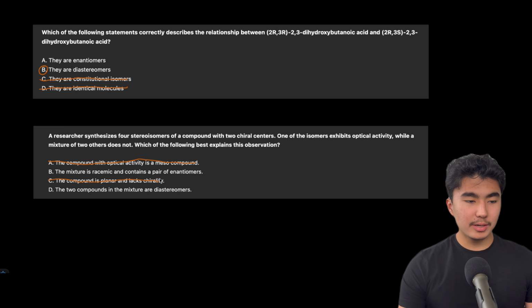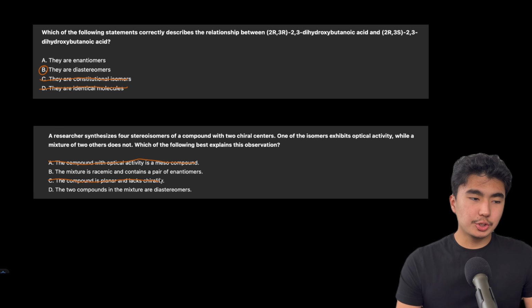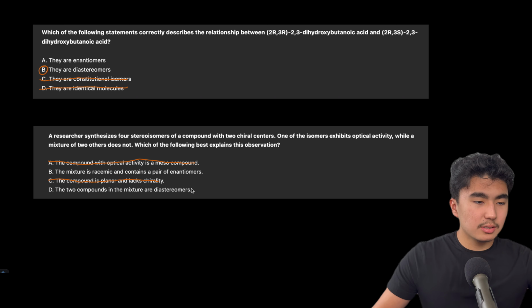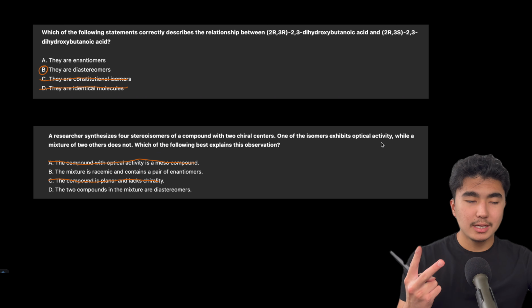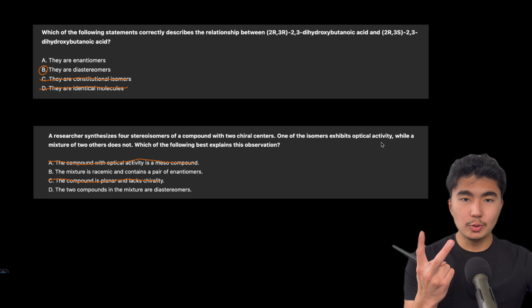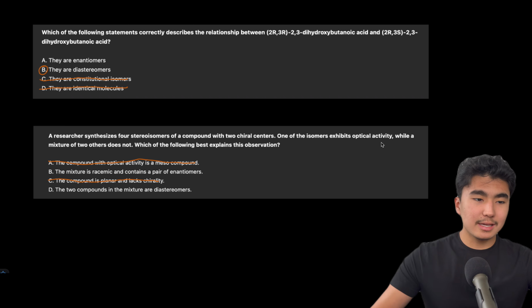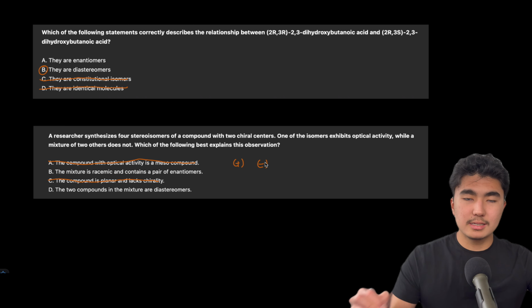2 compounds in the mixture are diastereomers. You know, that could be true, but B is the more correct answer because this answer doesn't cover the fact that this question said while a mixture of 2 do not. So the only way we have a mixture of 2 isomers that don't contribute to optical activity is if one of them is dextrorotary and the other one is levorotary.